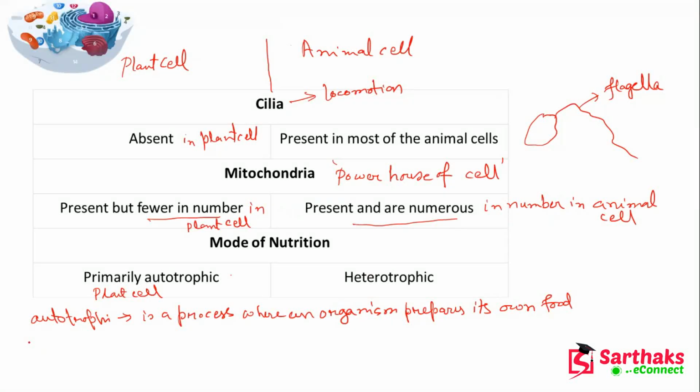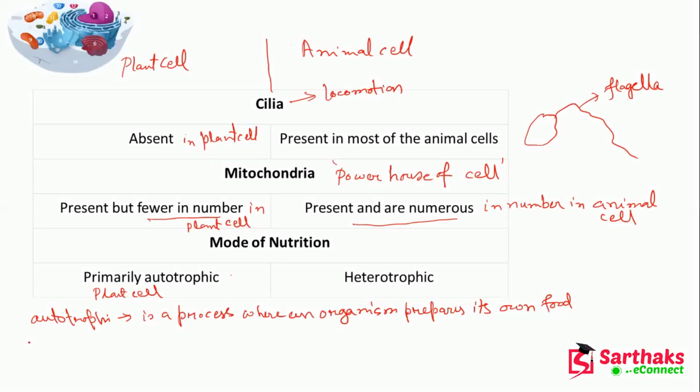So in plant cell, if they have the chlorophyll, they take the water through the root, and they take in the carbon dioxide, and sunlight is also present there. So at that time there will be photosynthesis. That means they have their own kitchen.